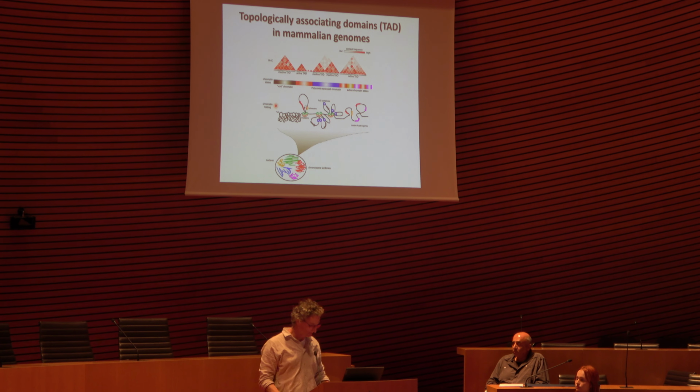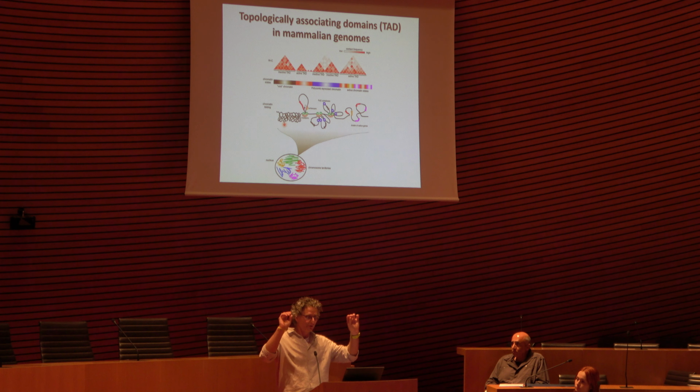Let's do it as simple as possible. If you look here on this part of the figure, I will not go into the detail, I will explain it very briefly and simply.